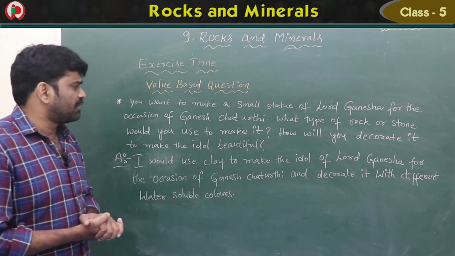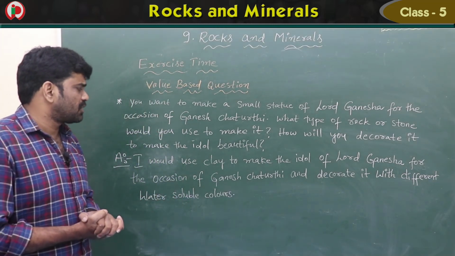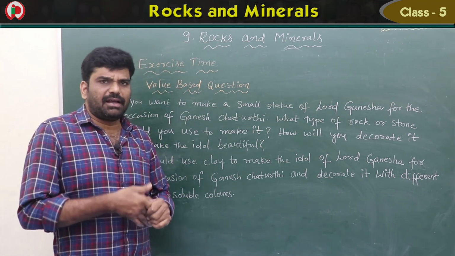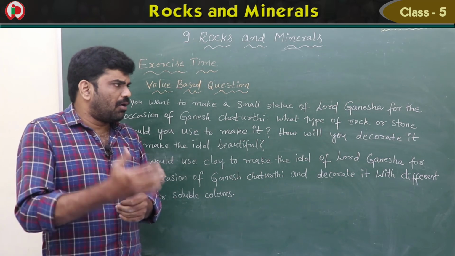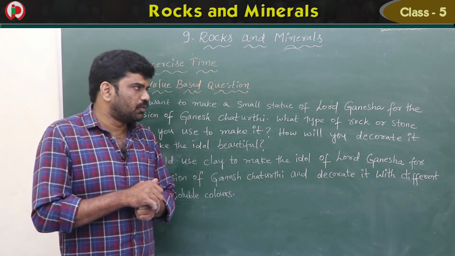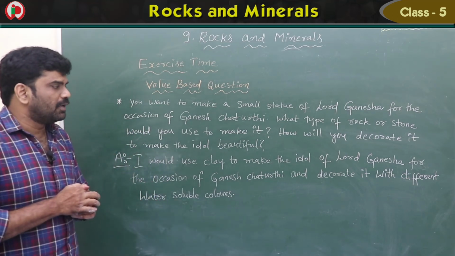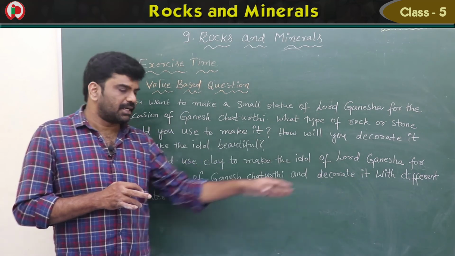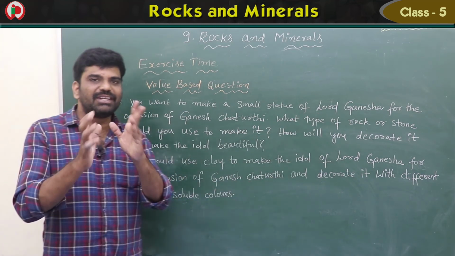For the occasion of Ganesh Chaturthi, what type of rock or stone would you use to make it? While making the idol, what type of material will you use? How will you decorate it to make the idol beautiful?